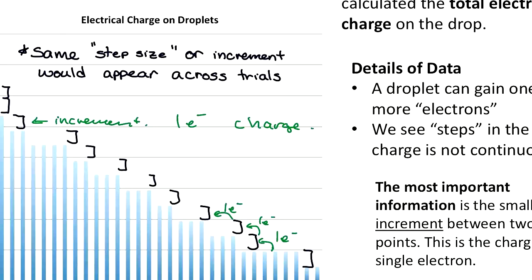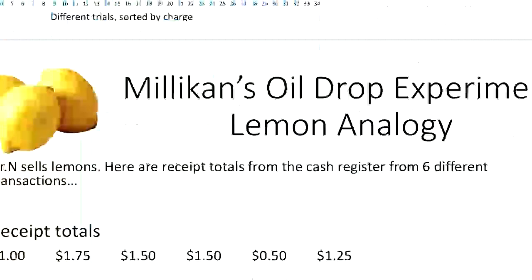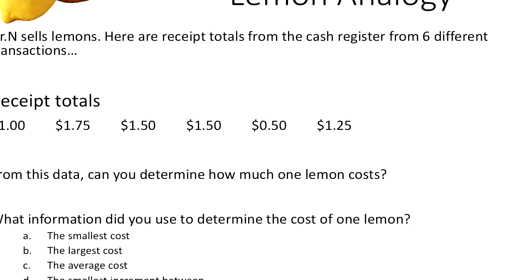And it's a subtlety, right? So let me give you an analogy, because this is a hard concept to get your head around, okay? So pretend that an electron is a lemon for a moment, and pretend that I sell lemons. And here's the problem for you.